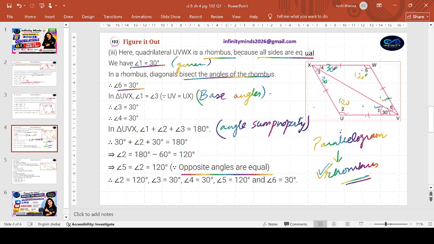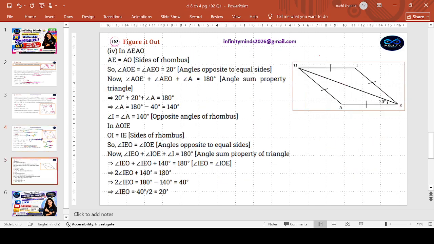Okay, clear students? The way you had the first two questions to be the same, after doing the first, the second was the repeat of the first part. Similarly, after doing the third part, the fourth is the repeat of this. In fact, I would like you all to first try and solve the fourth part on your own, only then have a look at the solution. So this is given to be 20, absolutely the same, that this is a rhombus.